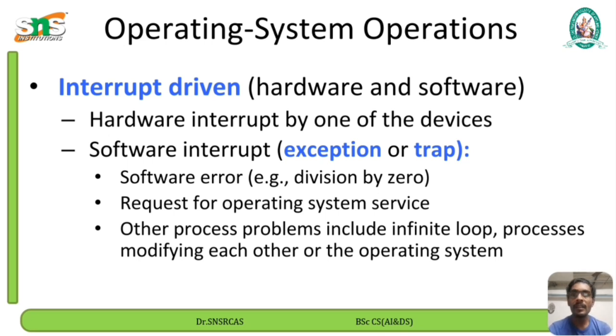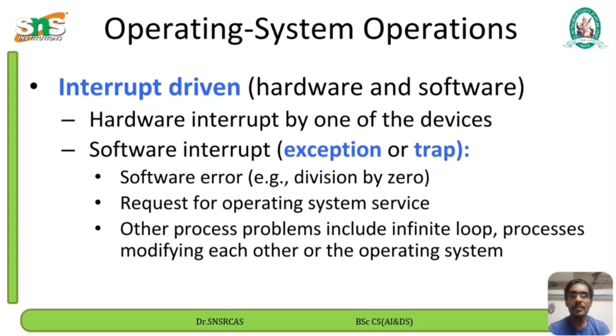For example, if you execute a simple program, there may be an error like division by 0. This type of thing is called a software interrupt. And if you request an operating system service, that is called a software exception or trap.